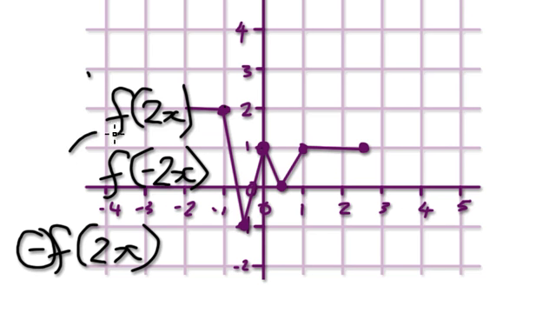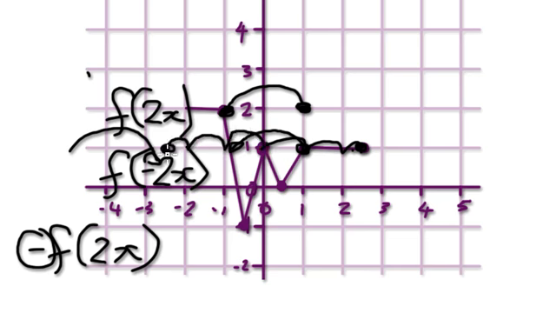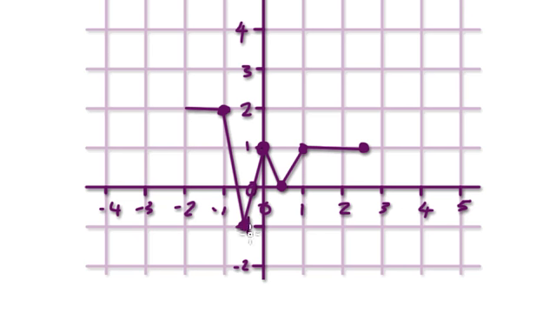But here we've got the negative on the inside, so this here will get moved to over here, and this point here will get moved to over here. This point, at the moment it's 2.5, so it's going to get moved to negative 2.5 here. Let's just select important points.